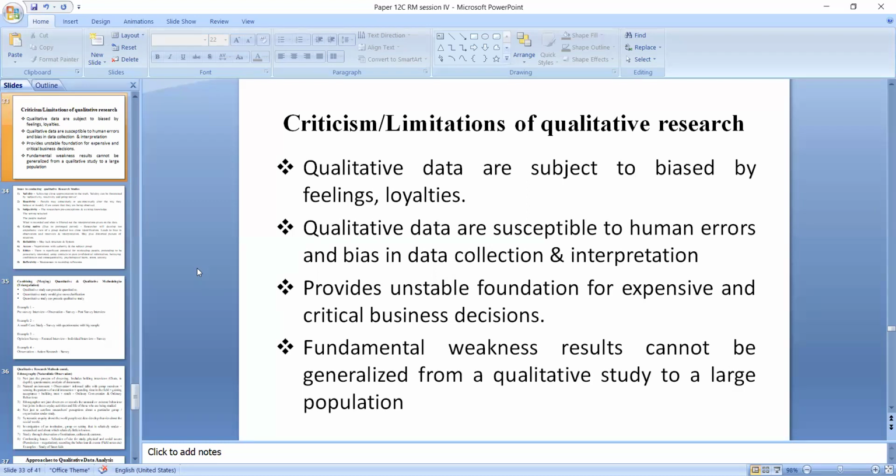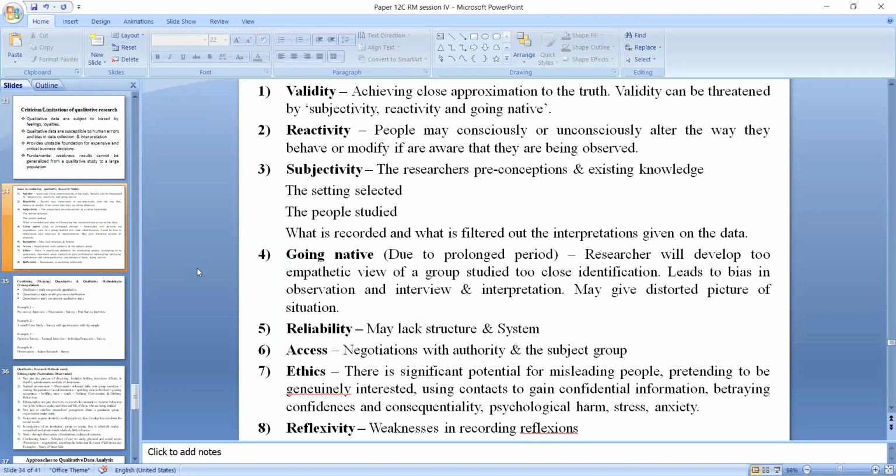And based on findings, decisions are always taken. So decisions will go wrong and it will prove expensive on all aspects for the organization. So these are the weakness points in technical terms.